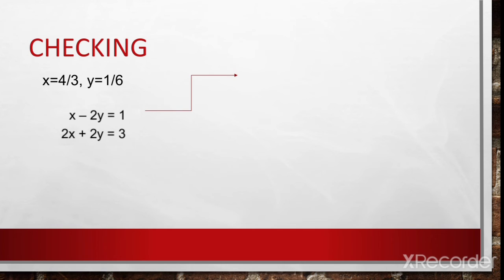If we do checking, just substitute the given values of x and y into the given equations. For the first equation, 4 thirds minus 2 times 1 over 6 is equal to 1. Since x is equal to 4 thirds and y is equal to 1 over 6, 2 multiplied by 1 is equal to 2 over 6. In lowest terms, it is 4 thirds minus 1 third is equal to 1.